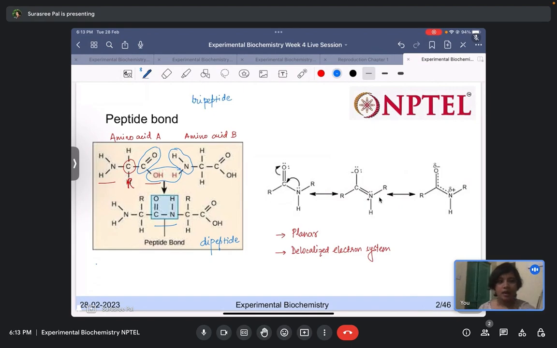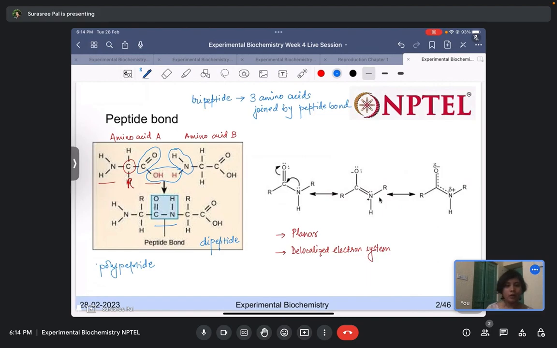A tripeptide will be formed by the joining of three amino acids joined by peptide bonds. And there will also be a polypeptide where many amino acids are joined together by peptide linkage, and a polypeptide is actually a linear sequence of multiple amino acids.